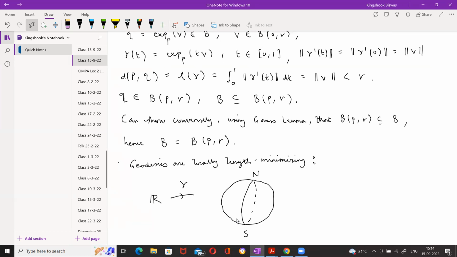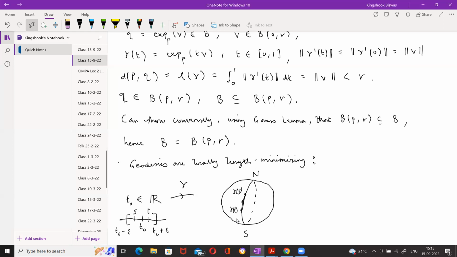If I take a point t naught here, this is gamma(t naught), then there is an interval t naught minus epsilon to t naught plus epsilon such that if I take any points s, t in this interval, then the portion of the geodesic from gamma(s) to gamma(t) is the shortest curve in the manifold joining these two points. So locally it is a length minimizing curve. Is the picture clear?